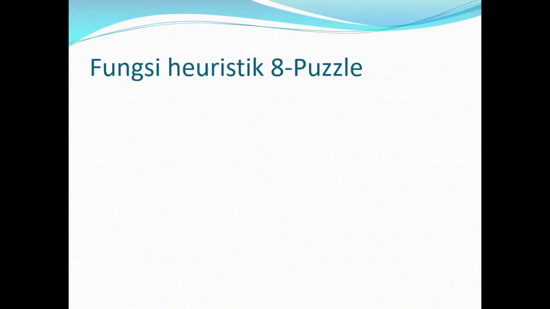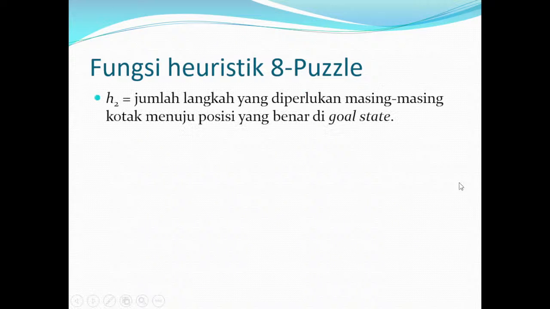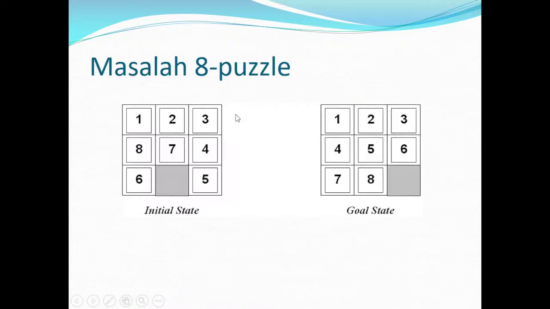The other heuristic for the 8 puzzle is that we can calculate how many steps we need to move each block to its correct position. For example, when we have this initial state, we will go to that state.